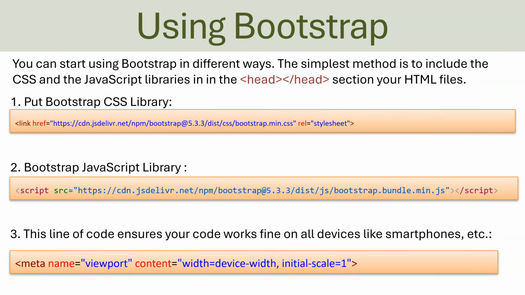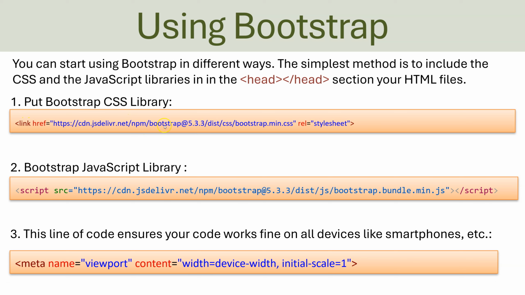So in order to start using Bootstrap in your application, I guess Bootstrap can be used in all kinds of web applications, either it's Django or other web development framework, because you can basically just include some libraries. So the first library you need to include is this Bootstrap CSS library. So basically in the head section of your HTML page, you just include this line of code. And for the Bootstrap JavaScript library, you also include this line.